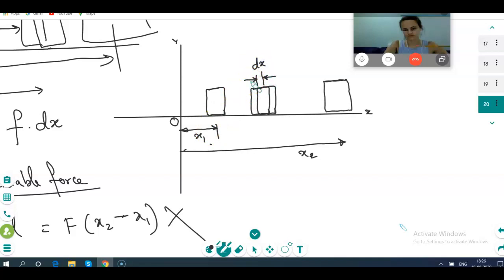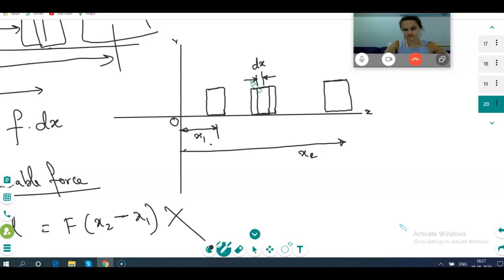Why am I taking dx? Because your force is reducing. So I assume this very small, like 1 millimeter divided by 1000. So much small displacement, that is called dx. In that portion I can assume that your force is constant.